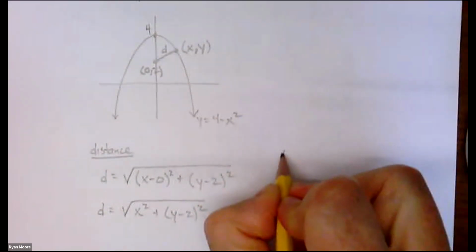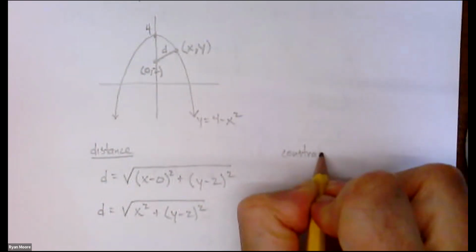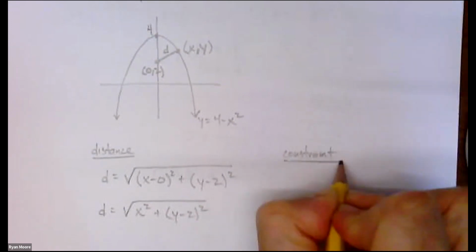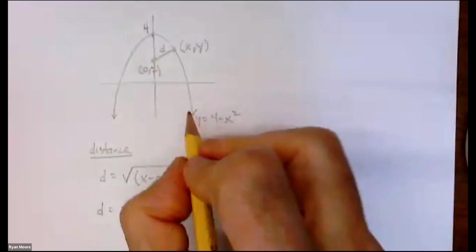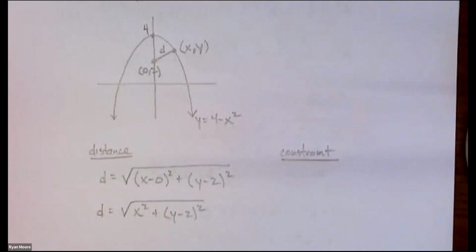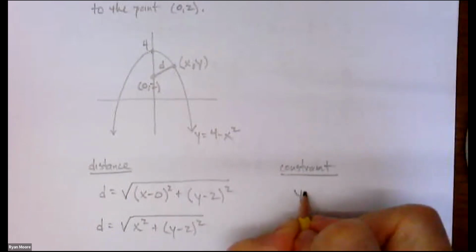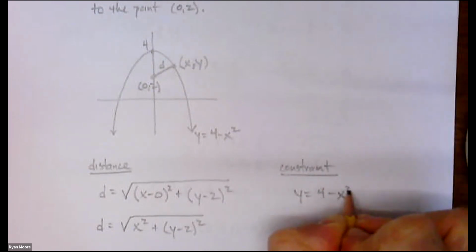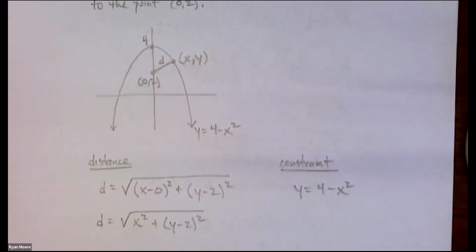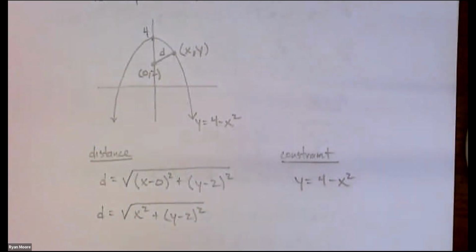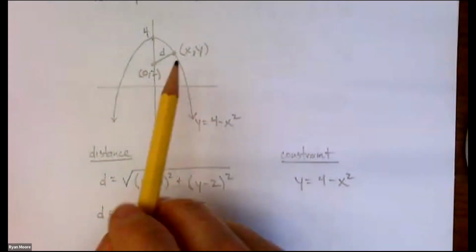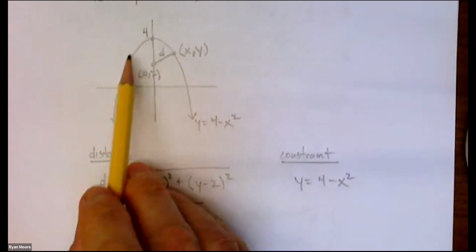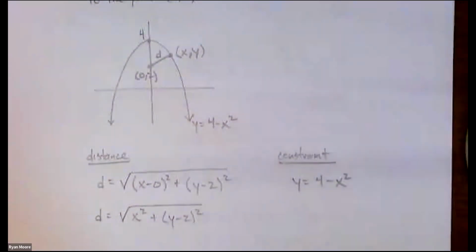What is the constraint? Turns out the constraint, the other equation we need, is the equation of the parabola. It's y equals 4 minus x squared. Why would that be? Well, the constraint here is that the point x, y lies somewhere on the parabola. So we know it has to make that equation true.